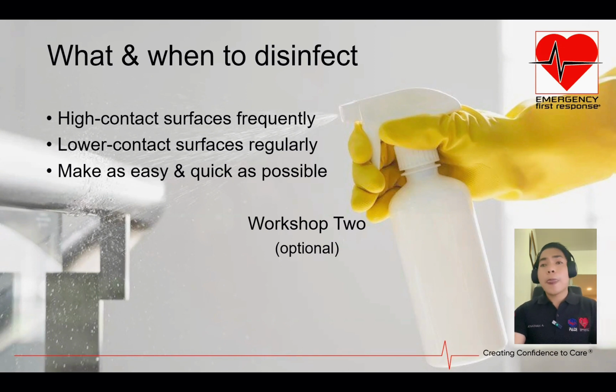Break rooms and restrooms are usually very high contact areas. Other lower contact surfaces should be disinfected regularly, usually at least daily or twice daily, for example, opening and closing.